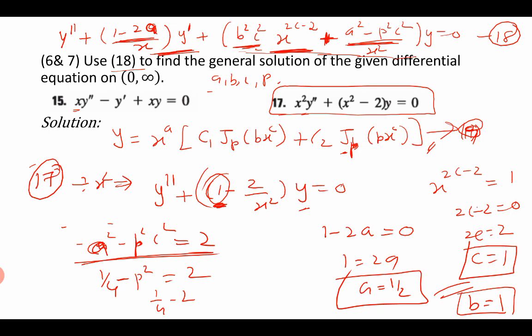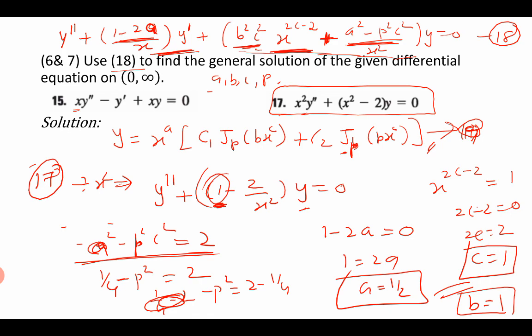p squared minus this p, minus p square is 2 minus 1 by 4, which is p square.